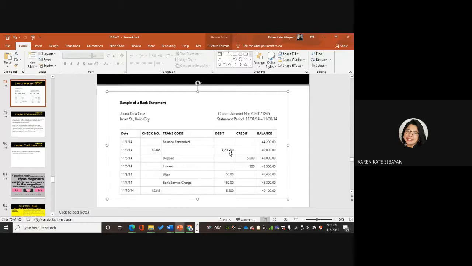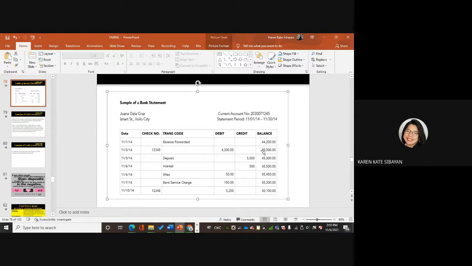Nag-deposit nga ba siya? Wait lang. November 1. Ang question ngayon, kanino niya dineposit? Sa sarili ba niya o sa iba? So, titingnan nyo ngayon.